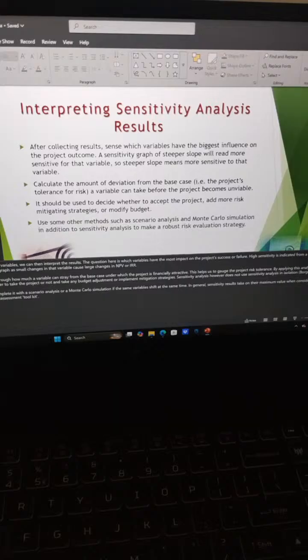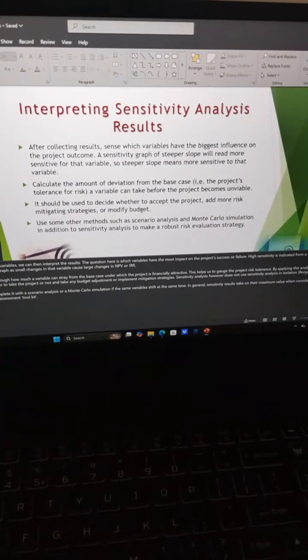With bigger budgets, you've got more flexibility, so you can move left or right depending on what's happening with the market, as we already said in the previous slides. Back to the slide. So use other methods such as scenario analysis and Monte Carlo simulation in addition to sensitivity analysis to make a robust risk evaluation strategy. So I pretty much gave you that in a quick layman's synopsis prior to reading that.